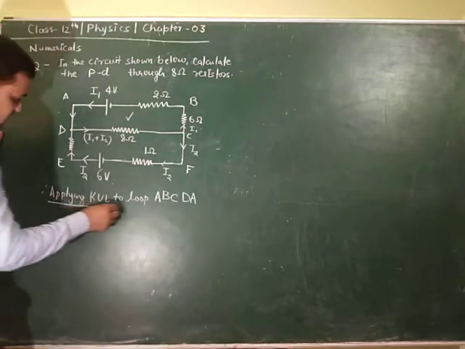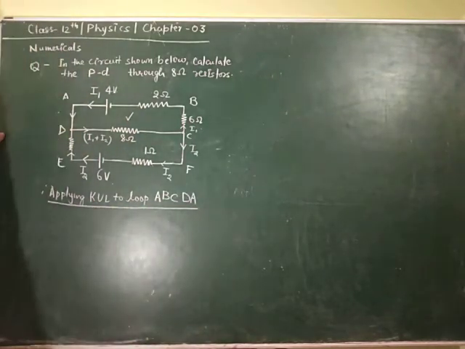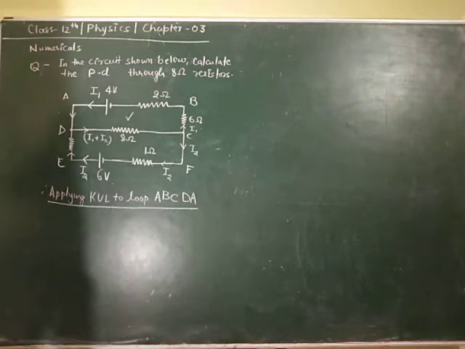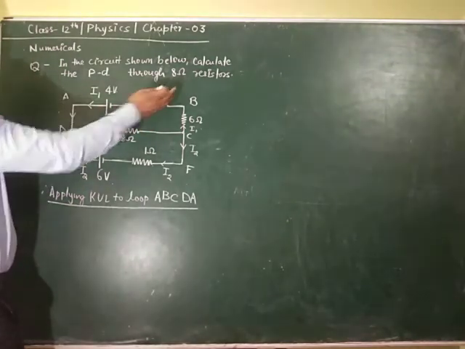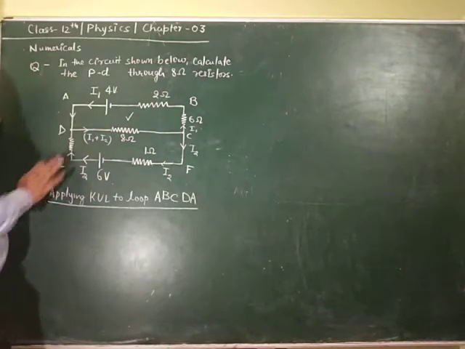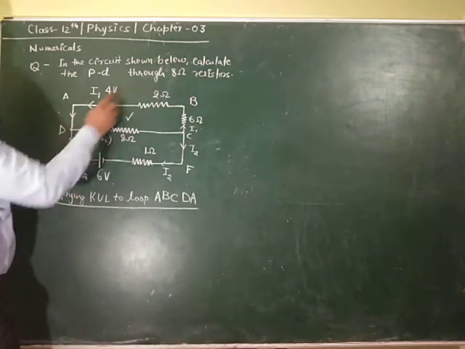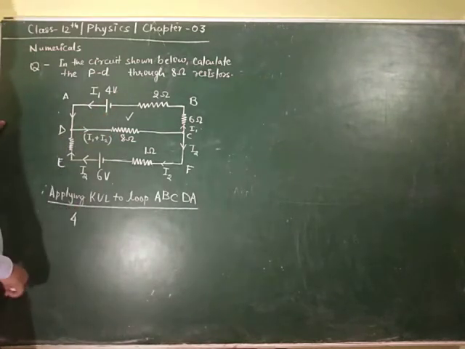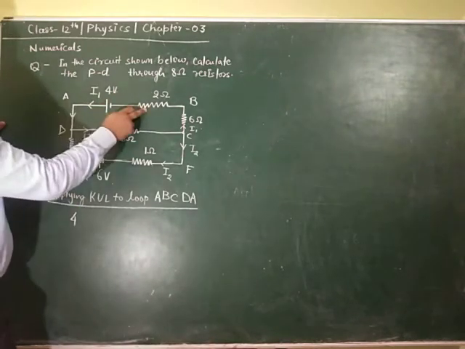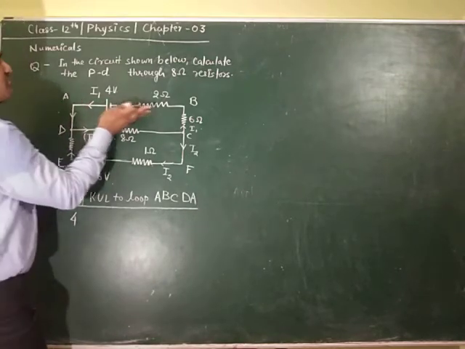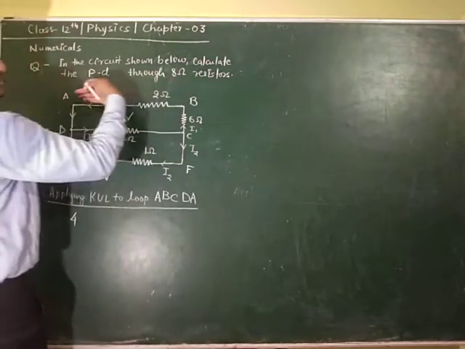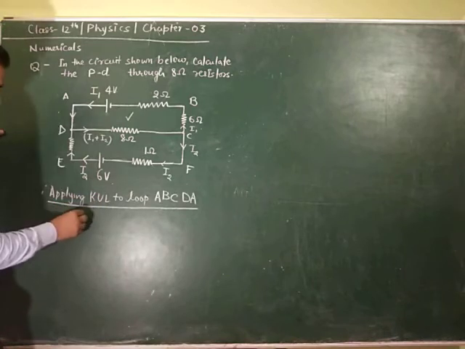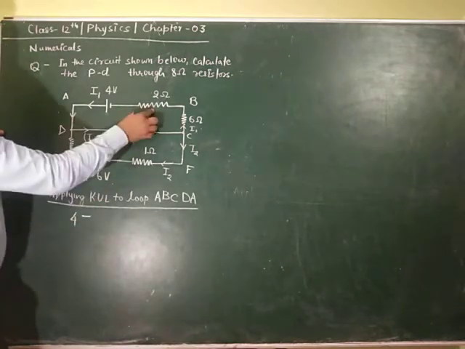Applying KVL to A, B, C, D. A to B. While going A to B, we are moving opposite to the current. But while moving A to B, the positive terminal is encountered first, so I will write 4 volt. And we are moving in this direction and the current was along the opposite direction, so we have to take a minus sign here and 2 into I1.